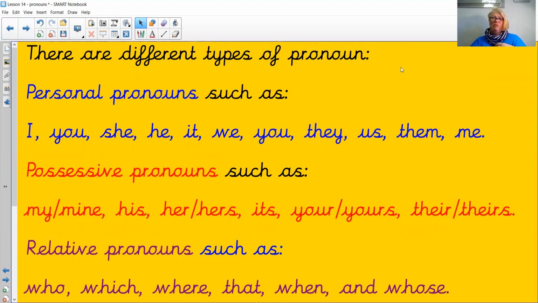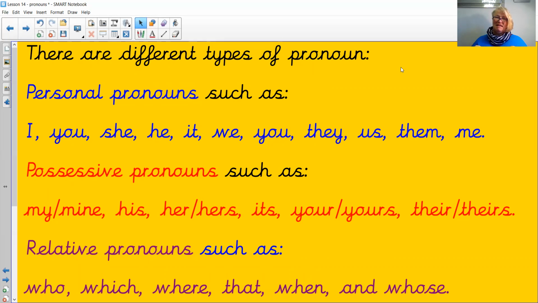This is where we throw a bit of confusion into the ring because there is not just one type of pronoun. There's three different sorts of pronoun. So you've got your personal pronouns: I, you, she, he, it, we, you, they, us, them, and me.